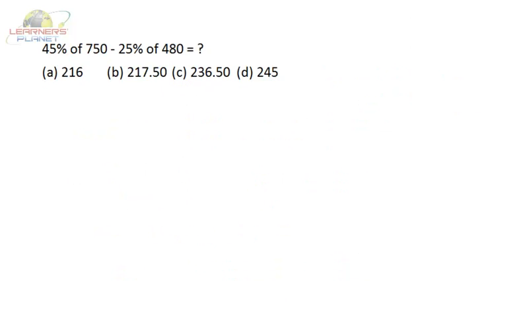Okay, now let's see this problem. 45% of 750 minus 25% of 480. Friends, 45% of 750, that means we have to calculate 0.45 into 750, and 25% of 480, that means 0.25 into 480. Friends, definitely 45% of 750 will be in fractions.